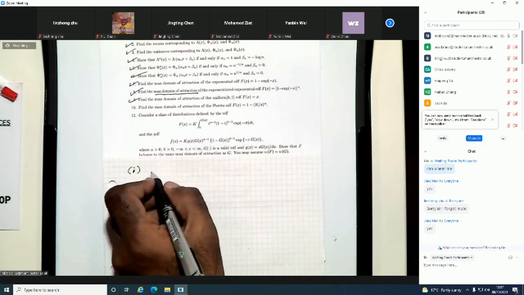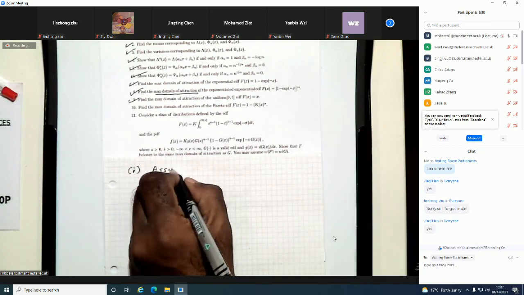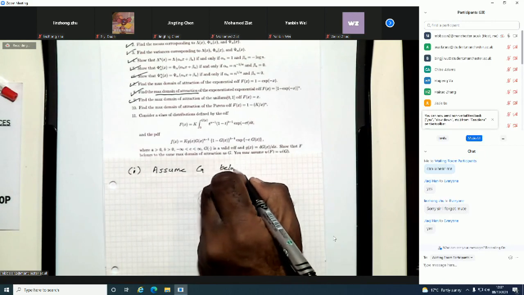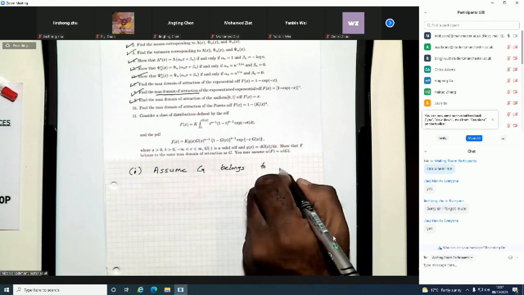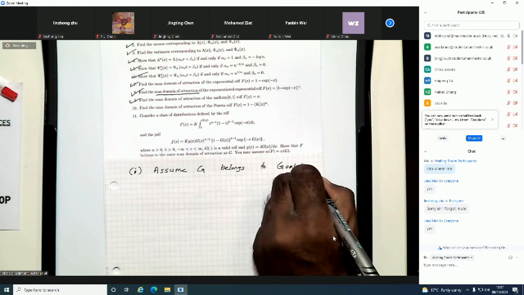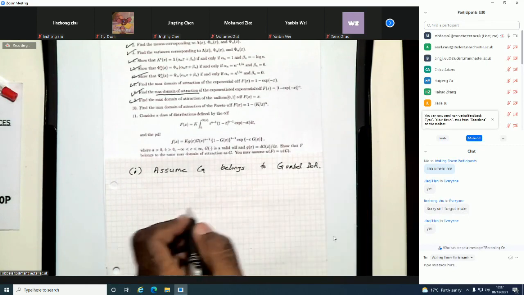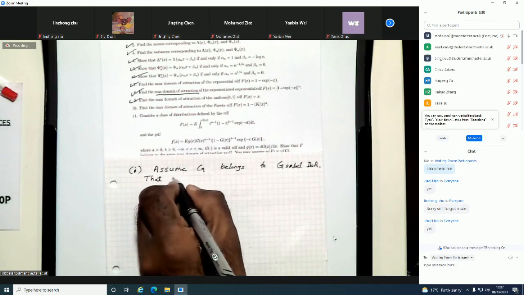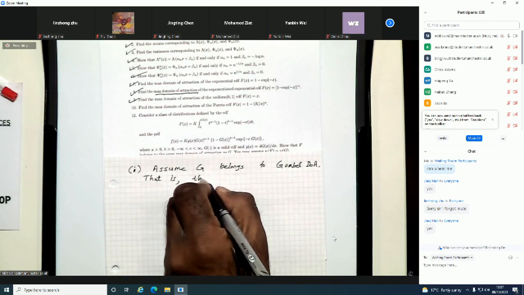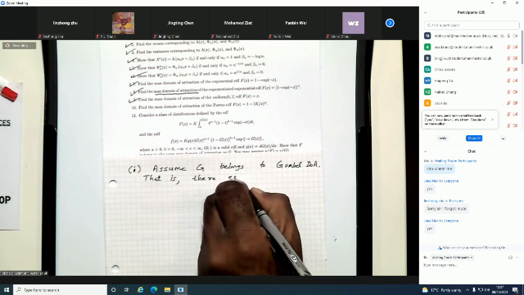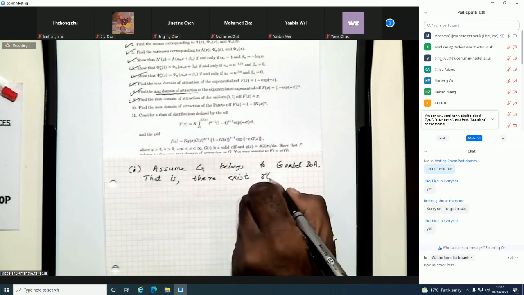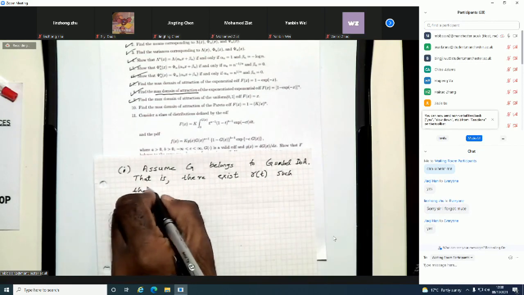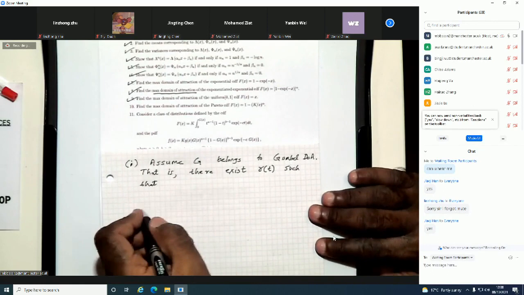So part one, I'm going to assume that G belongs to the Gumbel domain of attraction, right? Which means the following. That is, there exists a function gamma of t such that the following is true.